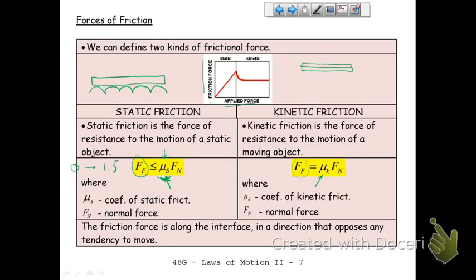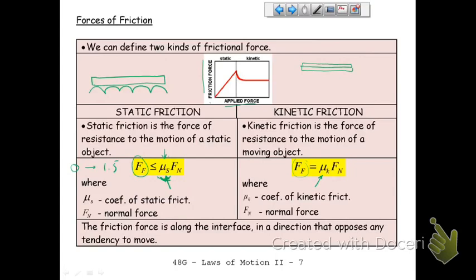So for kinetic friction, is that different between an object sliding and an object with wheels? No. I'm glad you asked that question. The kinetic friction is when the object is sliding. If the object is rolling, so that the tyre simply touches and lifts off, so normal motion, that's static friction for the tyre.